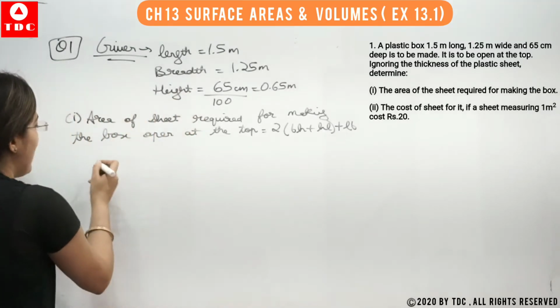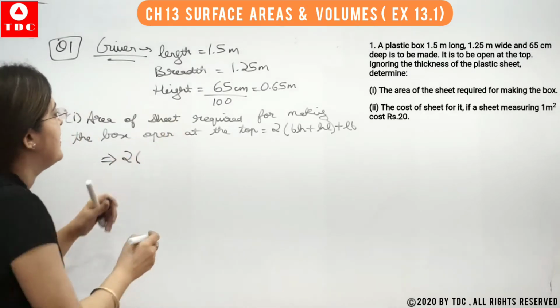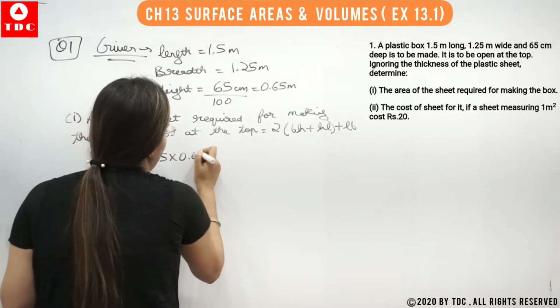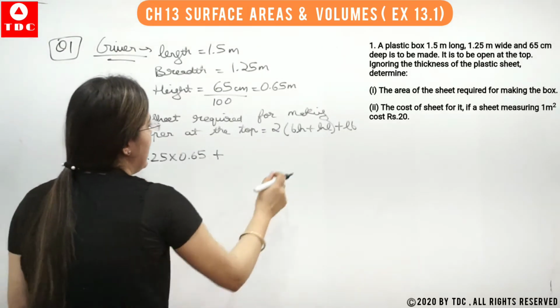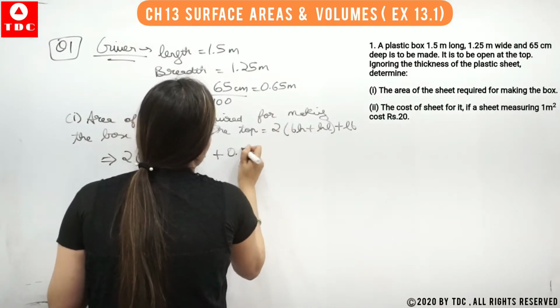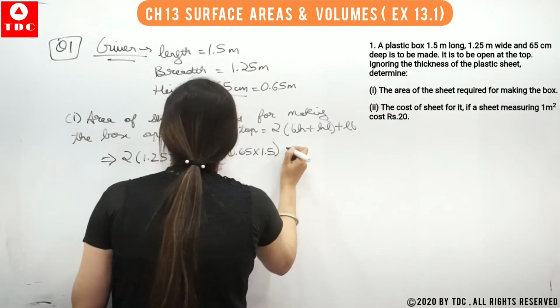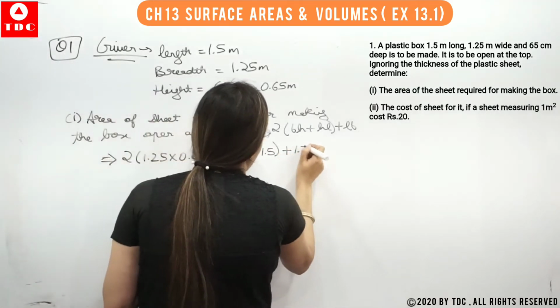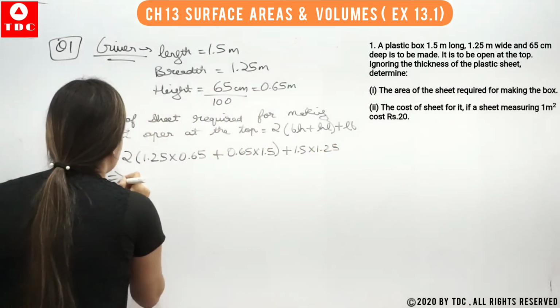Now let's put the values. It's very easy. 2 into BH, that means 1.25 into 0.65. Now you just have to do the calculations. HL, that means 0.65 into 1.5, plus LB, 1.5 into 1.25. Let's solve.